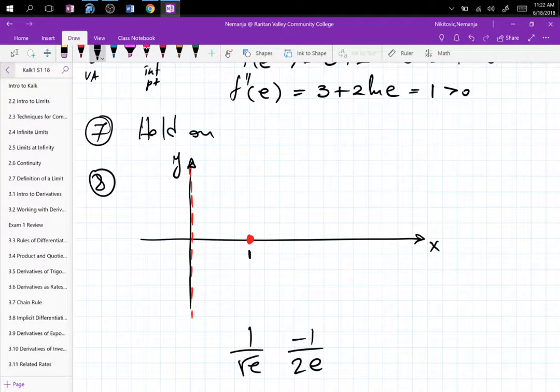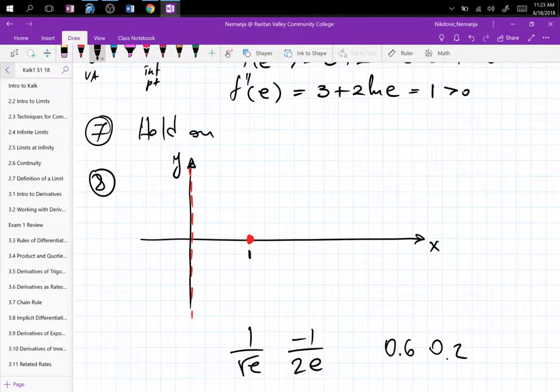So 0.6 on x, and then we have 0.5 times e to the negative 1, about 0.2. Great.